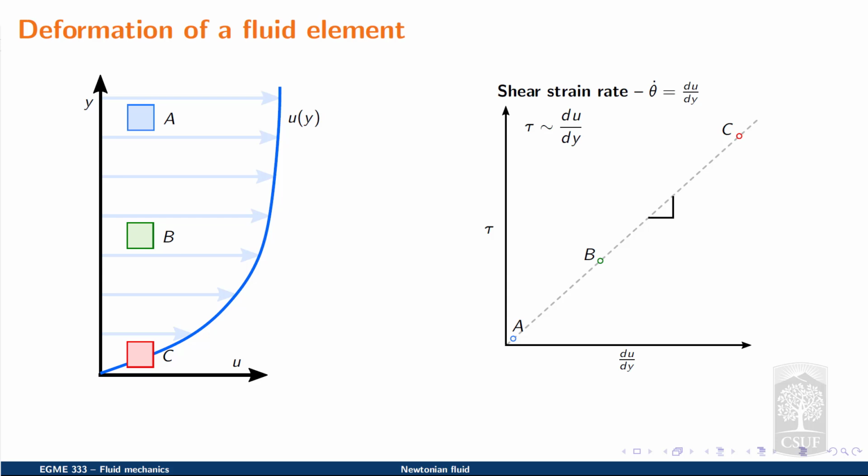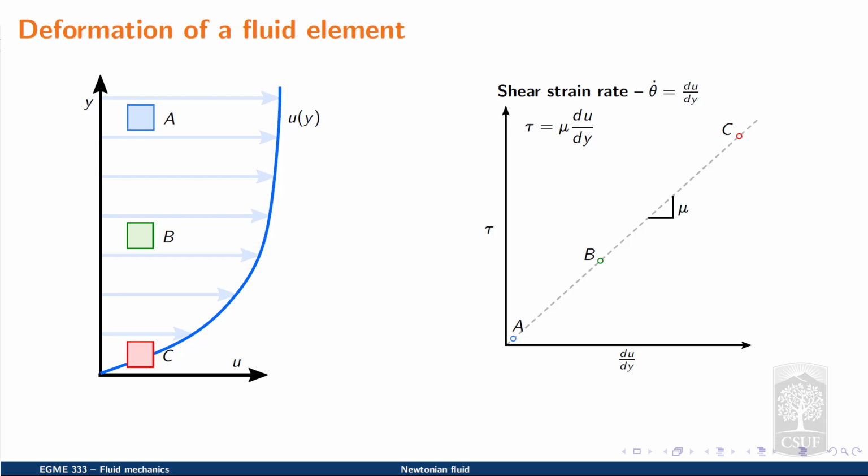To equate them, we can consider the slope of this line, which we'll label with the Greek letter mu, and argue that the shear stress tau is equal to the slope of the curve mu times du dy.